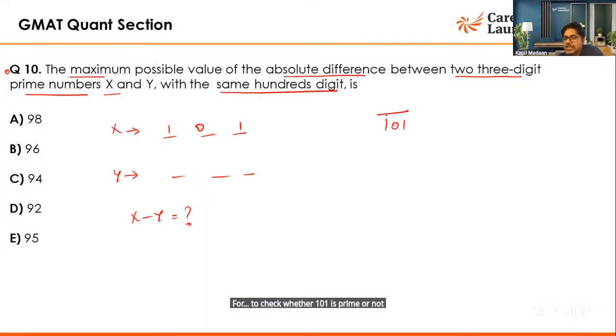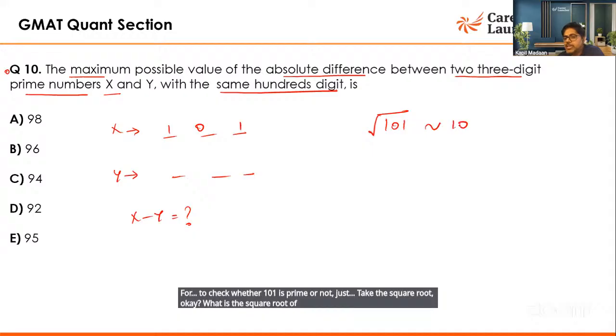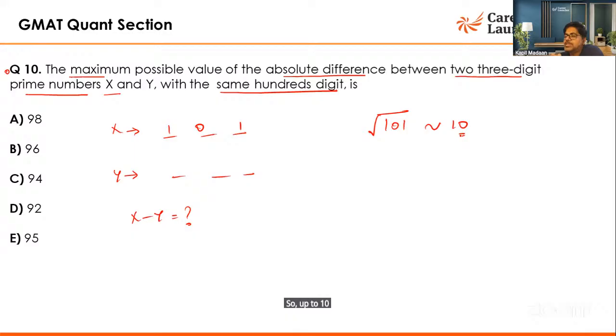To check this, just take the square root, which is approximately 10 point something. So what prime numbers are there between 1 and 10? 2, 3, 5, 7.